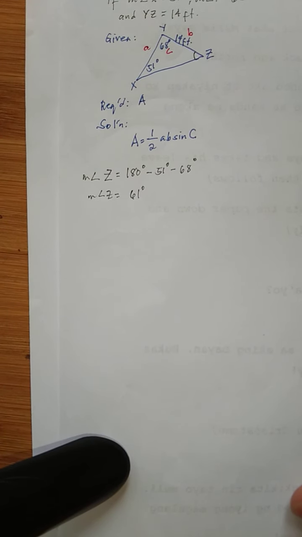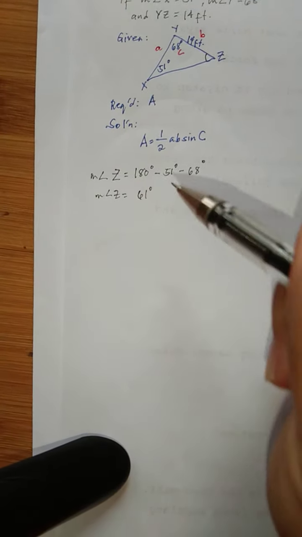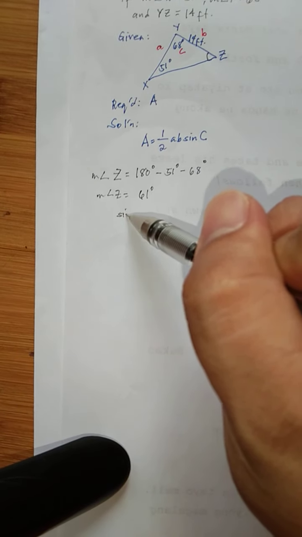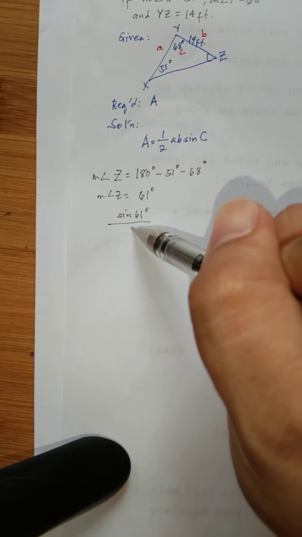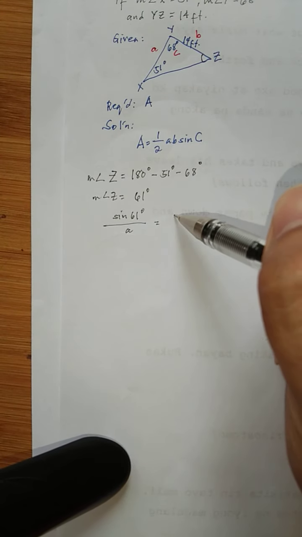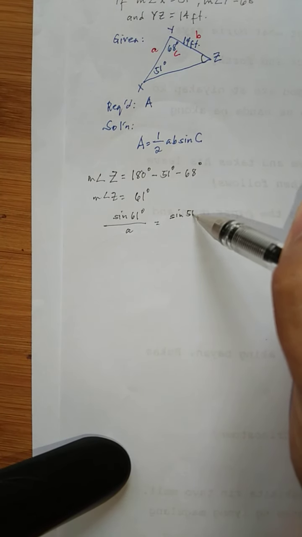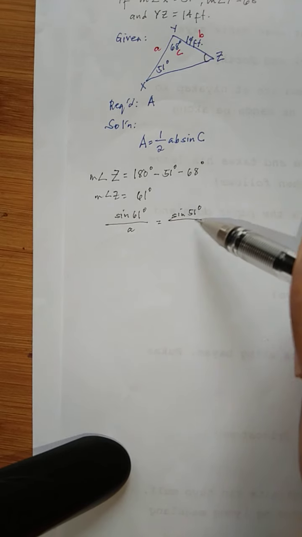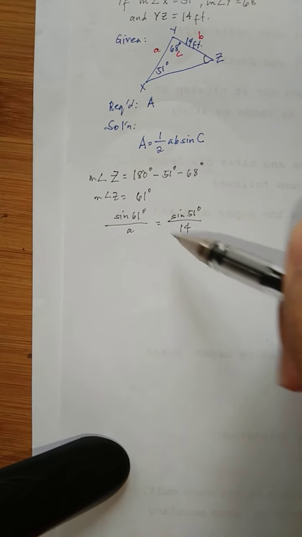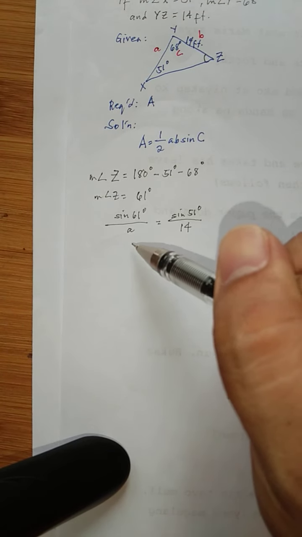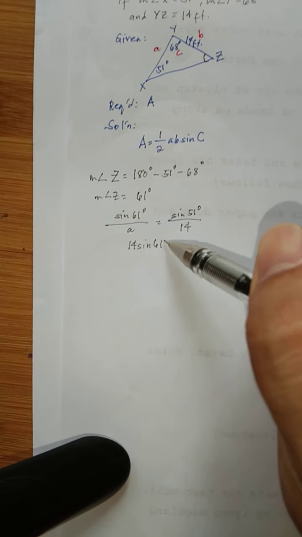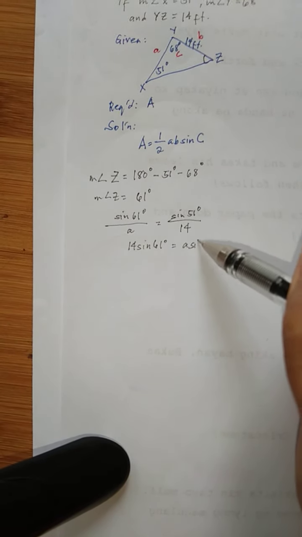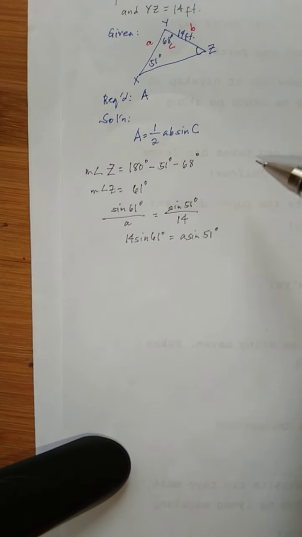Next, we use the law of sines. So sine Z, which is 61 degrees, over a is equal to sine of 51 degrees over 14. Cross multiply. So you have 14 sine of 61 degrees is equivalent to a sine of 51 degrees.